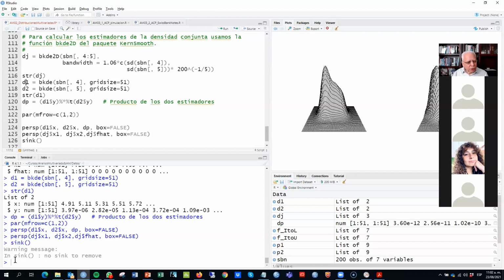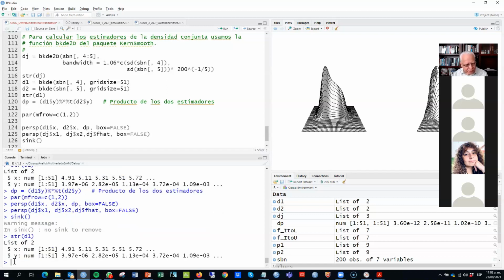If you look at the structure of D1, it's a list of two. The first element, called X, has the x-axis, let's say, for the density estimate. And the second element, Y, has the density estimates. So these are the marginal density estimates for both variables.